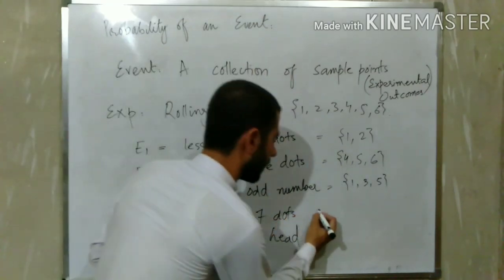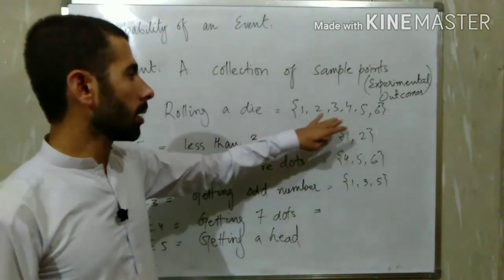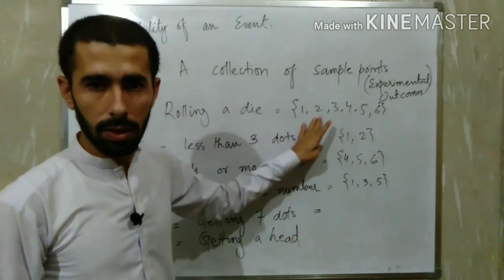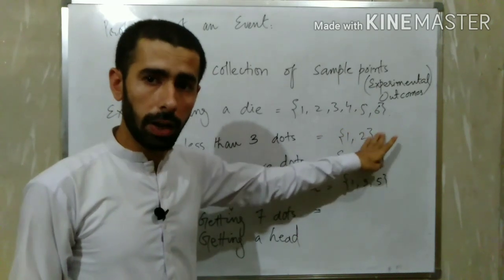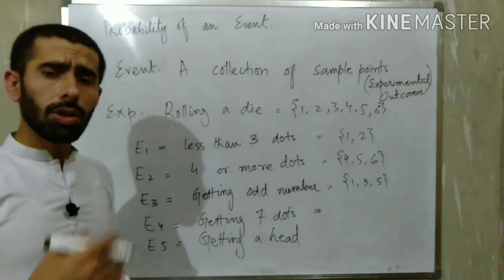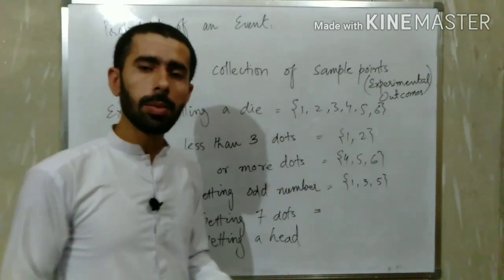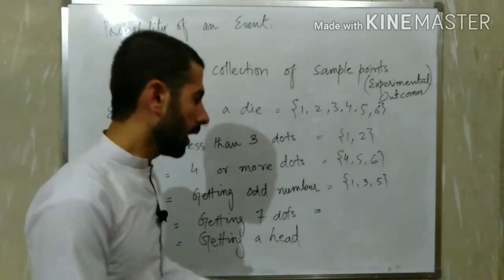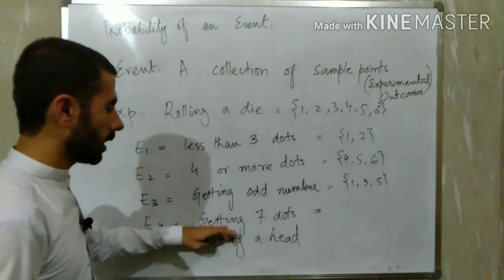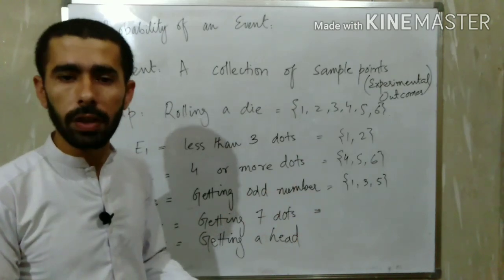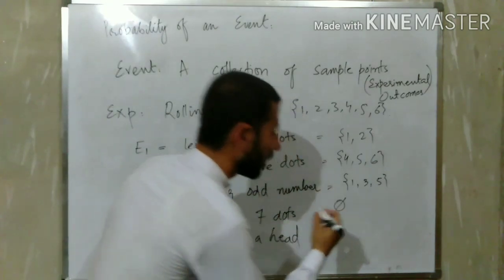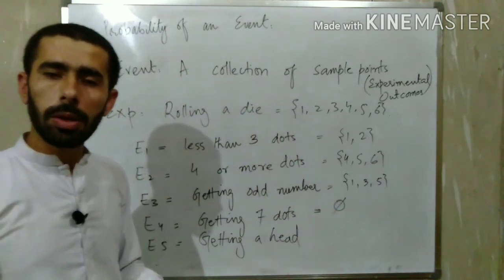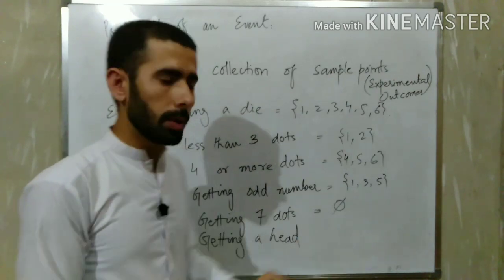We are rolling a die and the only possible outcomes are 1, 2, 3, 4, 5 or 6. There is no possibility that we can have 7 on the face of a die. So this condition cannot be satisfied by any of the outcomes. We would name this a null event, or we may say that this is an impossible event.